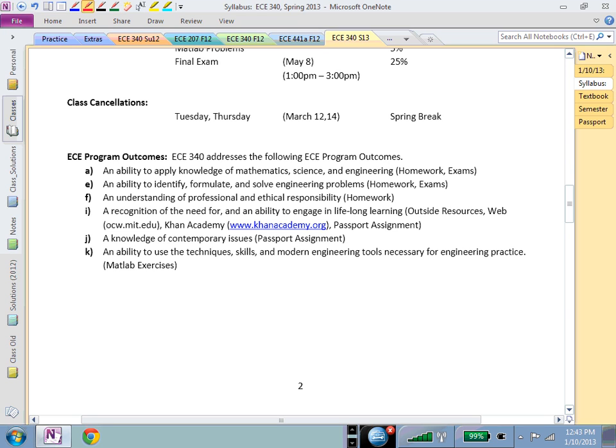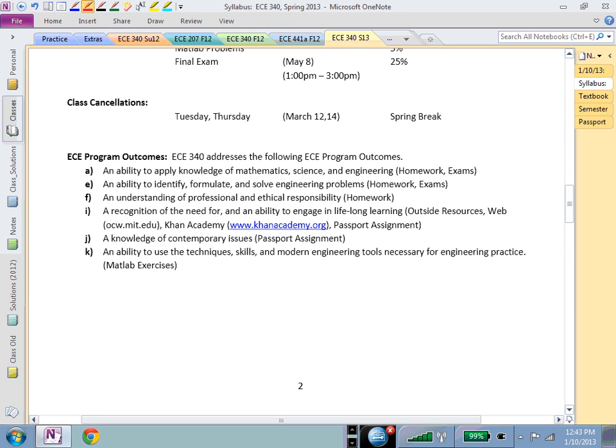And one of the things that they talk about are program outcomes. Now they've changed that to student outcomes, same thing, but they have these A through K outcomes. In this class, we will cover quite a few of those student outcomes, A through K. We'll cover A, E, F, I, J, and K. We'll cover them at different levels, but they will all hopefully be covered.